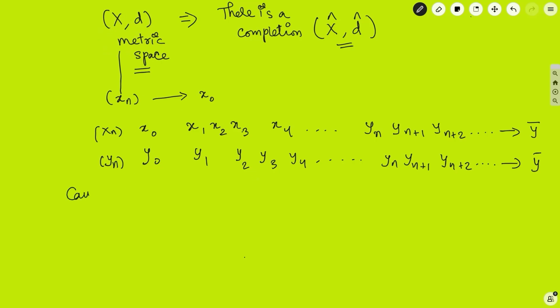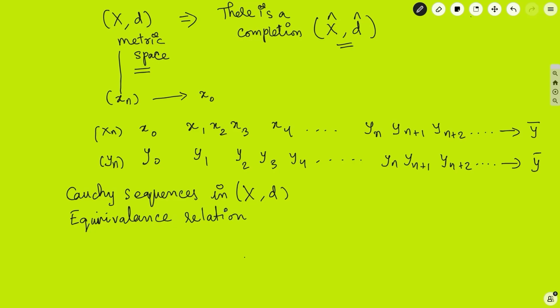So we are just going to focus on Cauchy sequences in X, all the Cauchy sequences, and we are going to use an equivalence relationship to relate two sequences. Maybe these two sequences, x_n and y_n, are not altogether different, right? At the end, they become almost the same. So you want to say that these two are related, right?